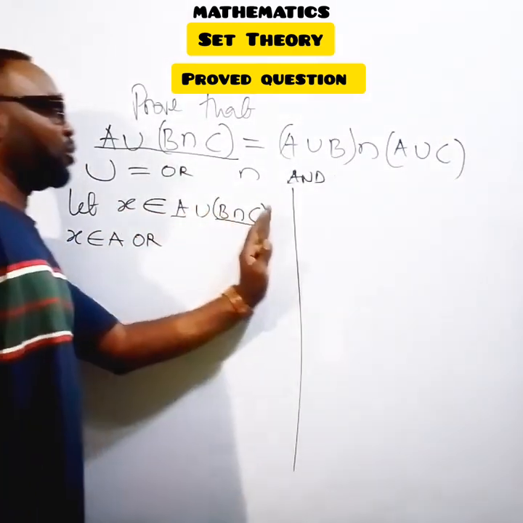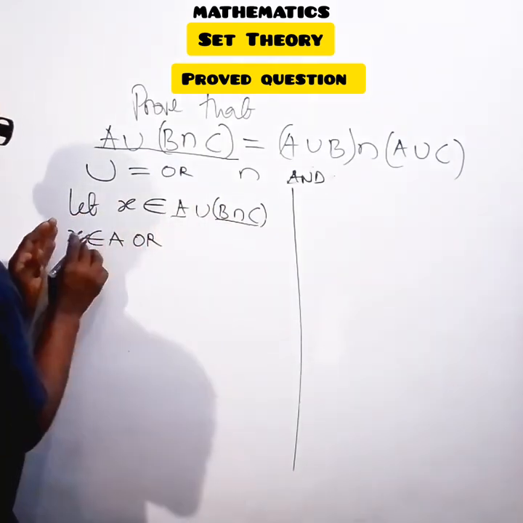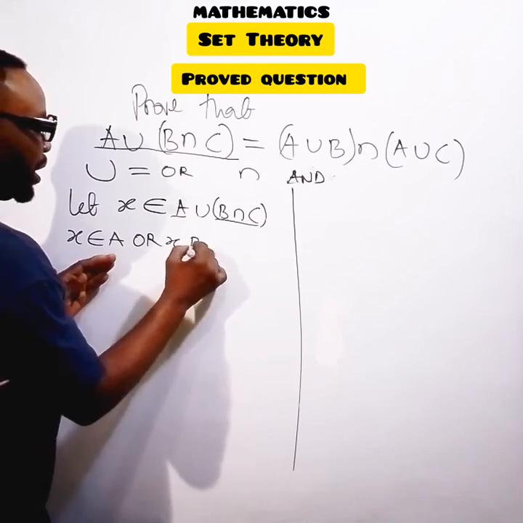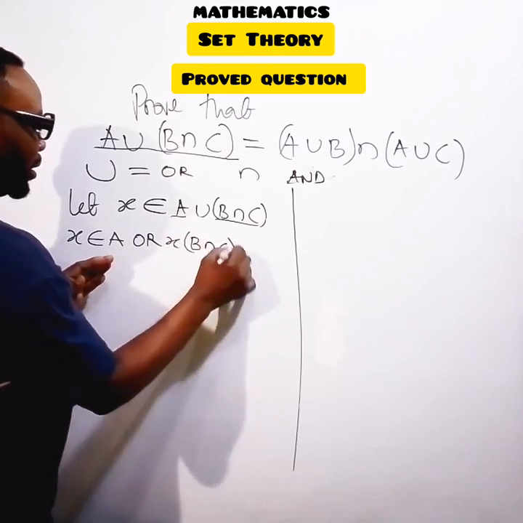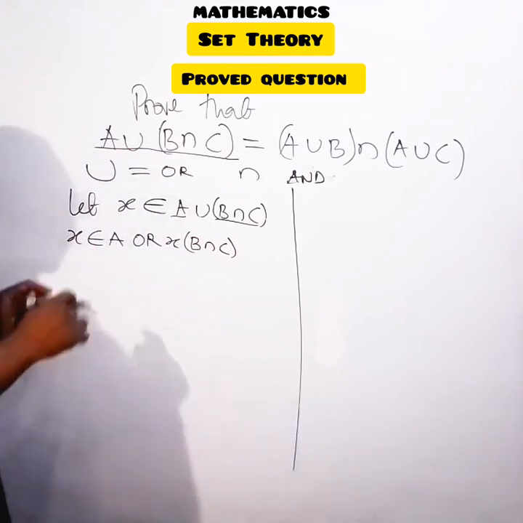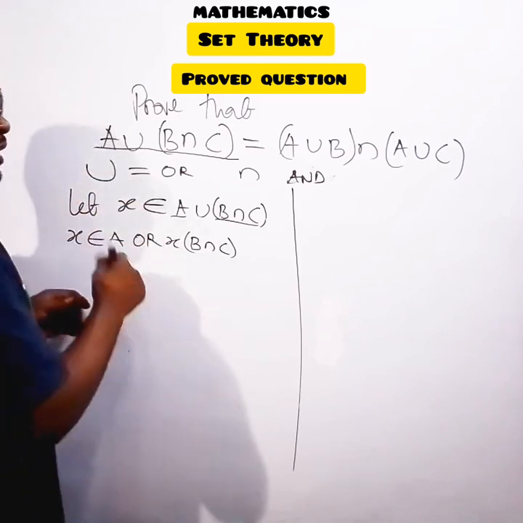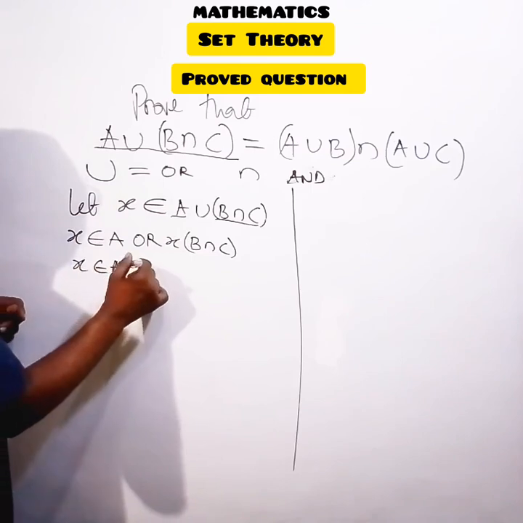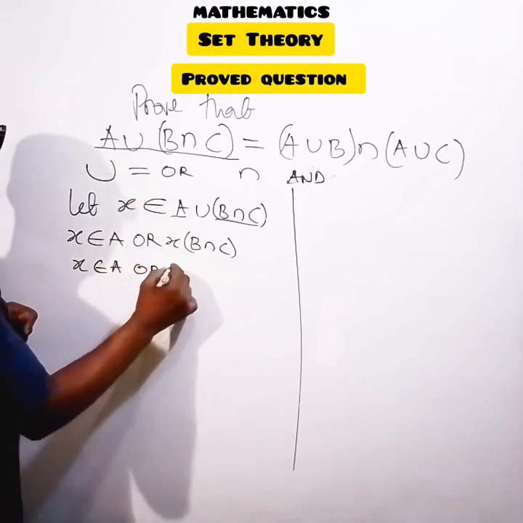So x is a member of A or x is a member of B intersection C. That is the first step here.